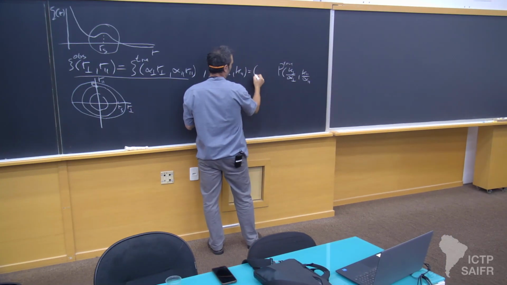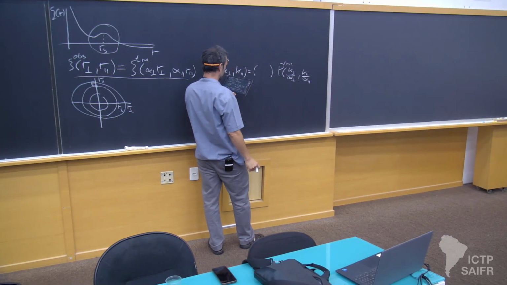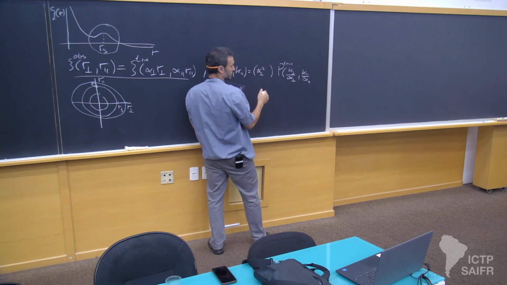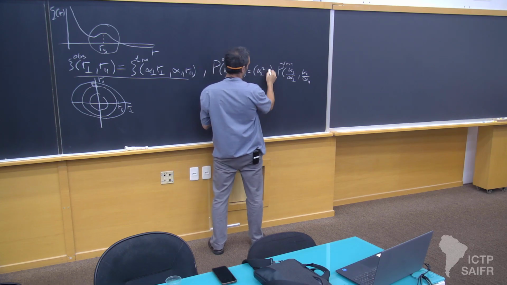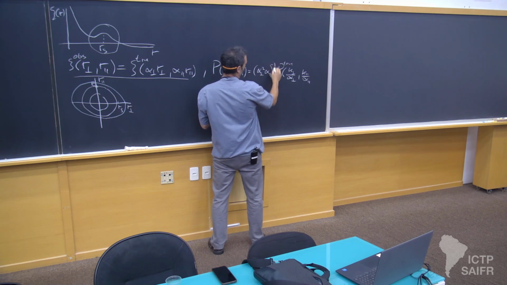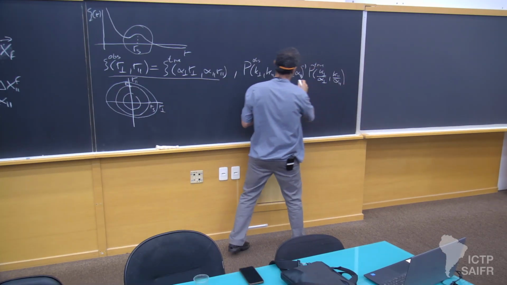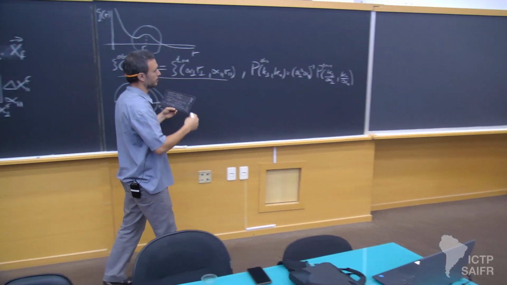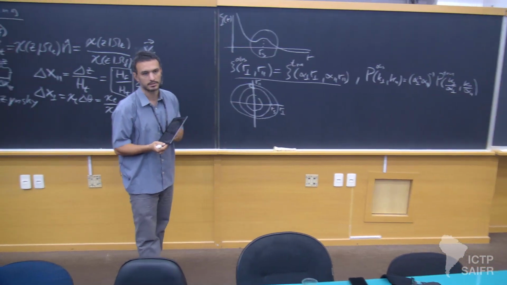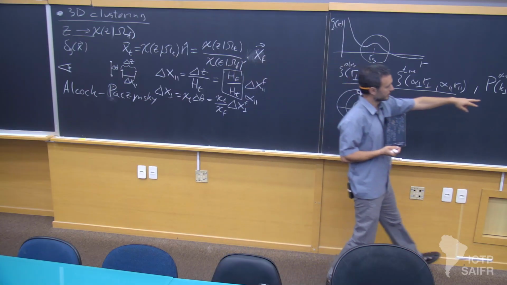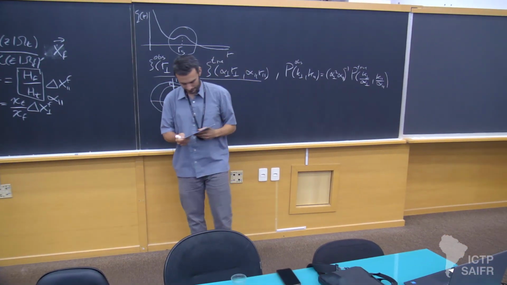And you have an extra factor here, a normalization in the form of alpha perpendicular squared, because you have two transverse coordinates, and alpha parallel to the minus first. And this comes, again, from the Jacobian that translates from the true coordinates to the inferred coordinates. Okay. So if you do the analysis in Fourier space, you need to account for this effect as well.